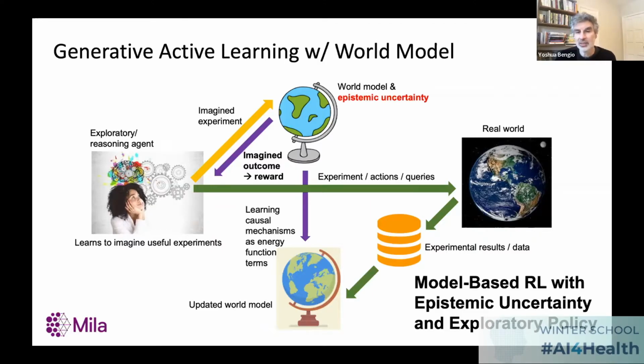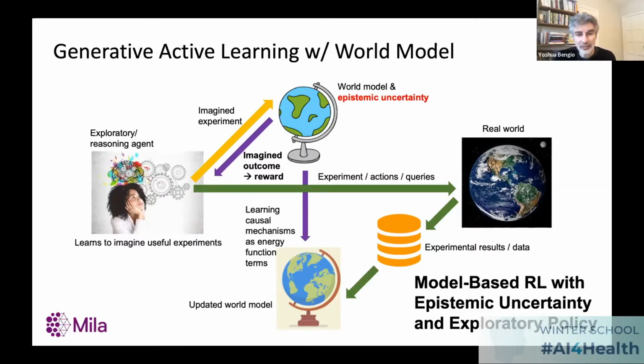We're trying to predict some things of interest. But now we're going to add an element to this, which is epistemic uncertainty. In other words, the model knows about its own failures. It knows that there are things it doesn't know. And there are different degrees to that, right? So I'll come back to how we can do that.